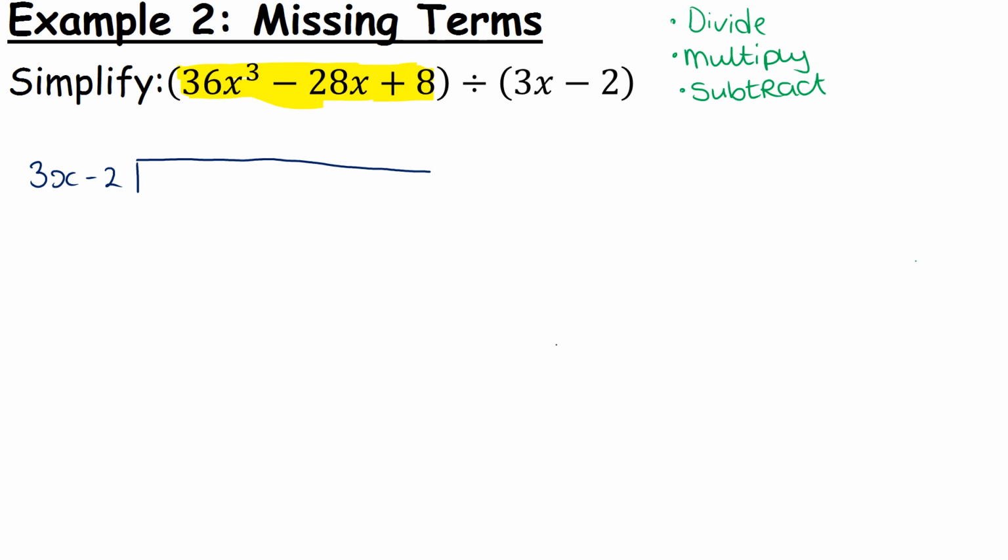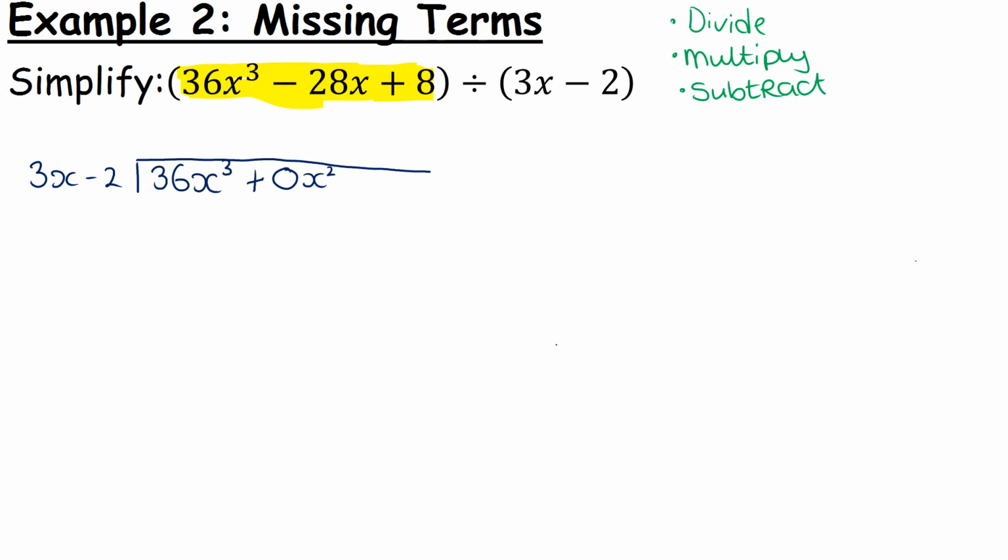And the easiest way to get around this is to put in an x squared. Now obviously we can't change this expression, but what we can do is when we're writing it down, instead of ignoring the x squared, because there's none, I will write that I have plus 0x squared.